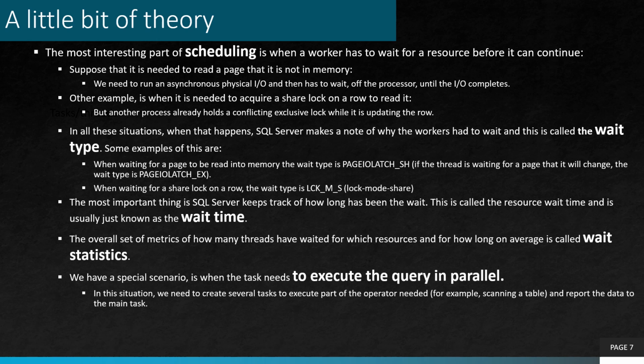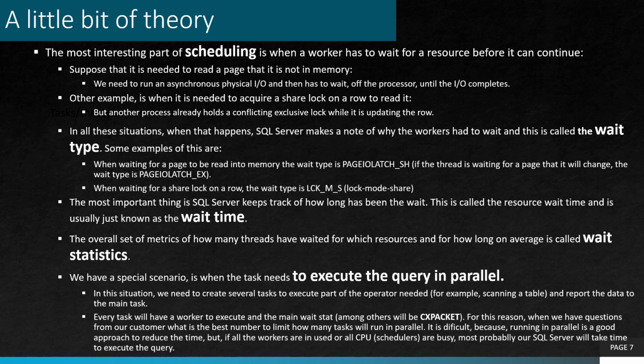These tasks will be assigned to different workers, and every worker needs to run a different part or distribution of the data. For example, if we need to read millions of rows and we have the opportunity to run in parallel, it is going to read the first 5 million in one task, and between 5 and 10 million in another, etc.